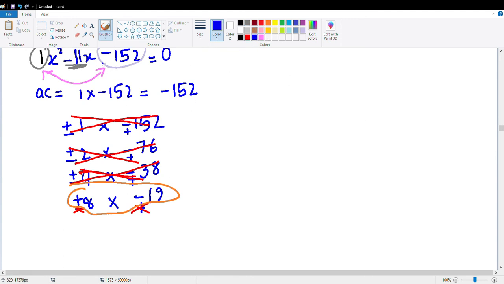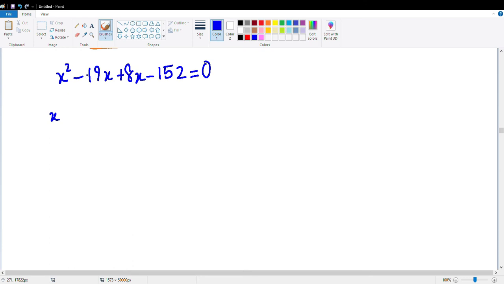So we'll be splitting this minus 11x into plus 8x and minus 19x. So we'll get x squared minus 19x plus 8x minus 152 equals 0.